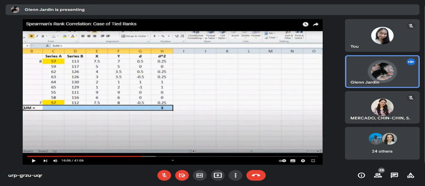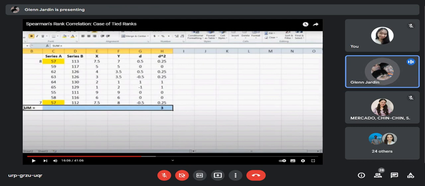Kasi, i-add natin lahat ang square ng difference. Ito yung difference. Ito yung square of the difference. Square meaning D squared yung symbol na yan. Then, pag nakuha yung D squared, i-add mo natin yung score na yan, then you will have summation of D squared.